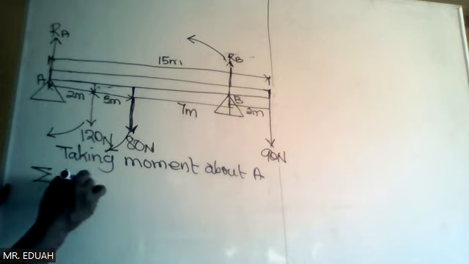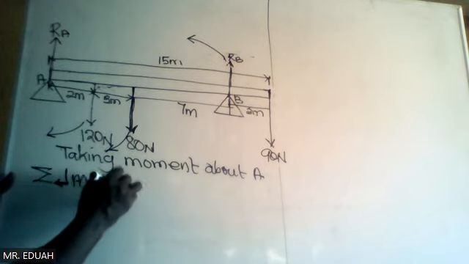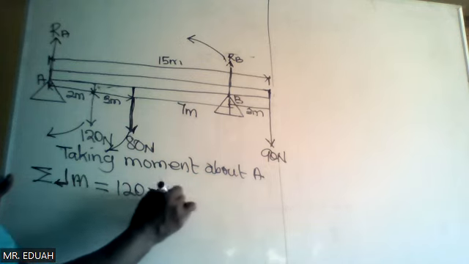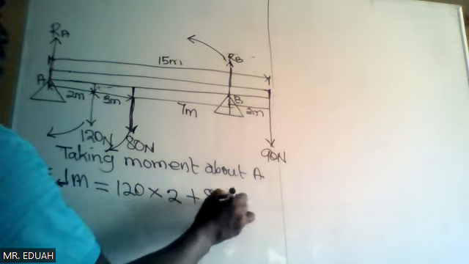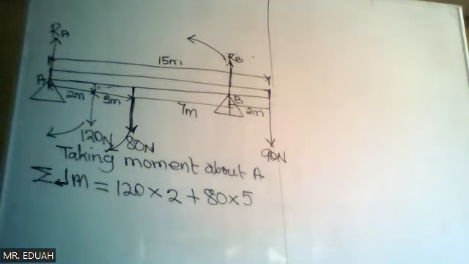Sum of clockwise moments will be equal to 120 Newton times 2 plus 80 Newton times 5. Sorry, we have overlooked another force, the 90 Newton.